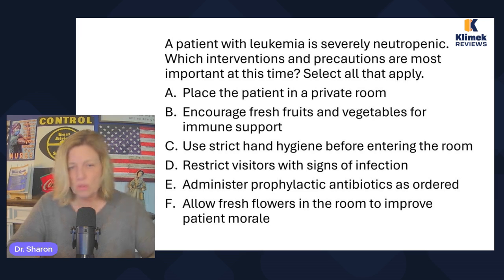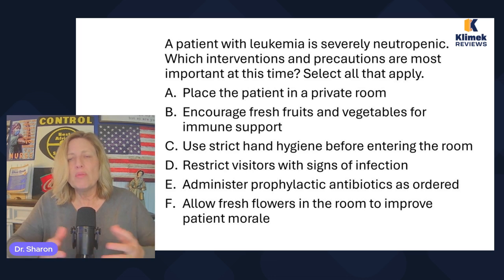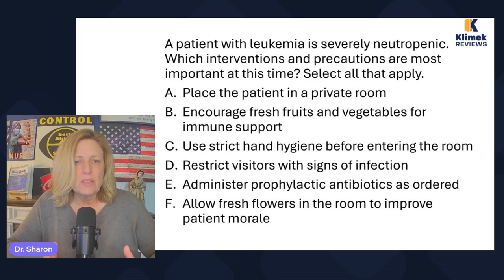So the question is, the only one that I'm not positive about is administer prophylactic antibiotics as ordered. So I may say, I don't know, prophylactic antibiotics. Do we give prophylactic antibiotics? We have all this antibiotic resistance. Are we supposed to do that? So I really can't get caught up in that. I have to say this person is extremely immunocompromised, so they are at risk for infection.